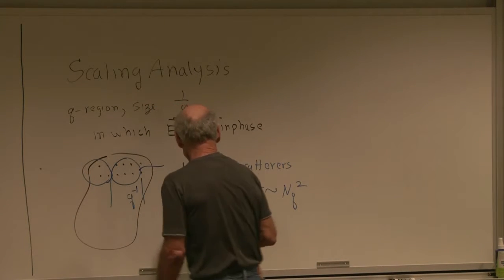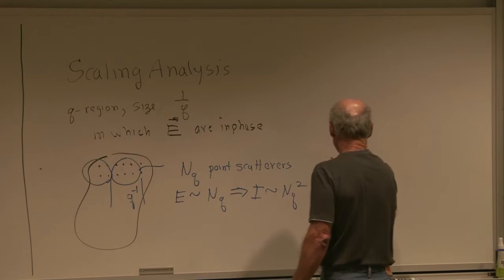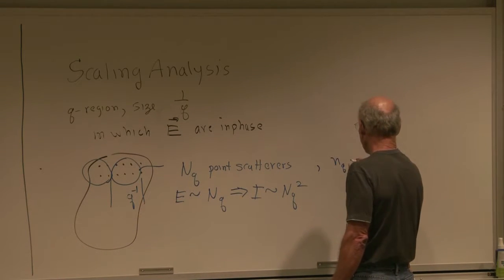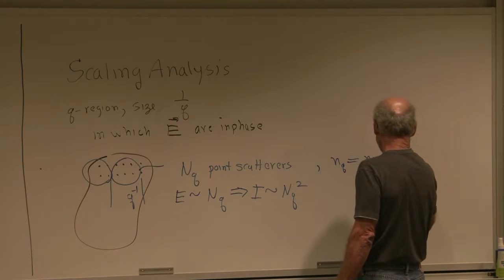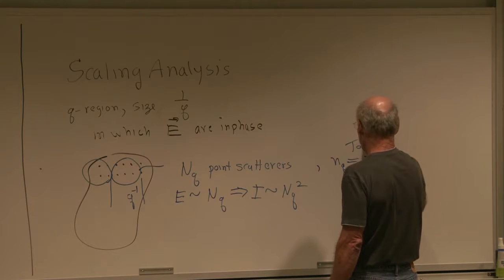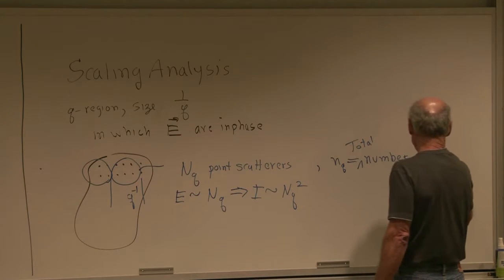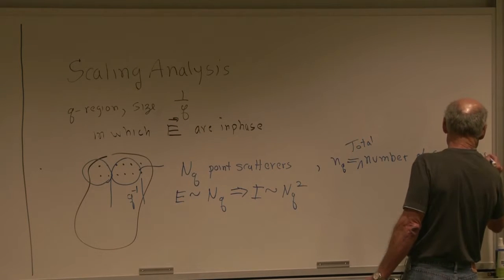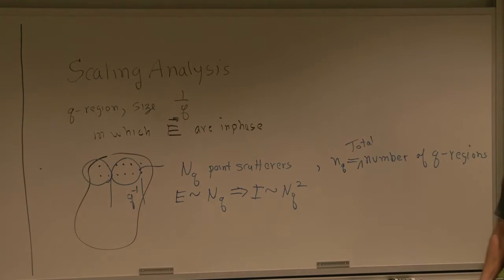Let's suppose we have another number, n sub q, which is the number, perhaps I should say the total number, of Q regions. All right?